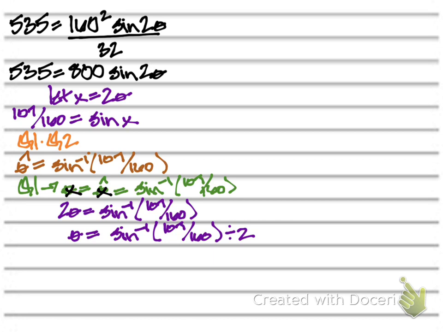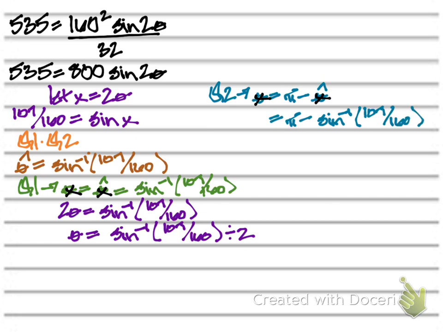And then if we want to talk about quadrant 2, we know that in quadrant 2, theta is pi minus theta hat. Or again, I guess we should say x and x hat, just knowing that we're talking about the reference angle, right? So we are going to have pi minus the inverse sine of 107 over 160.